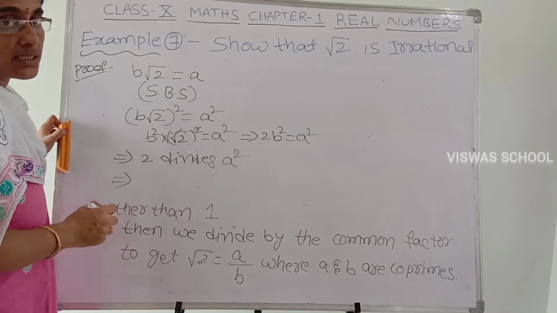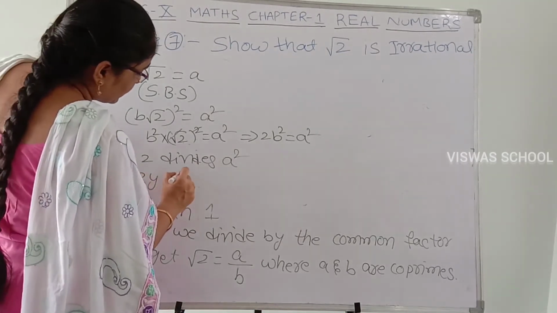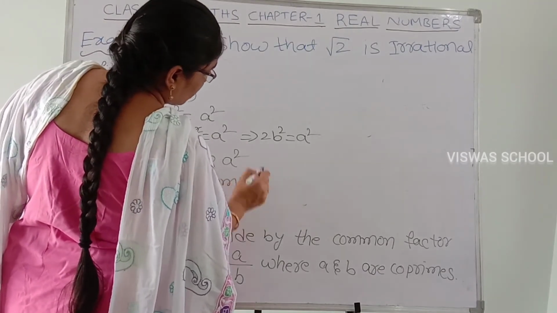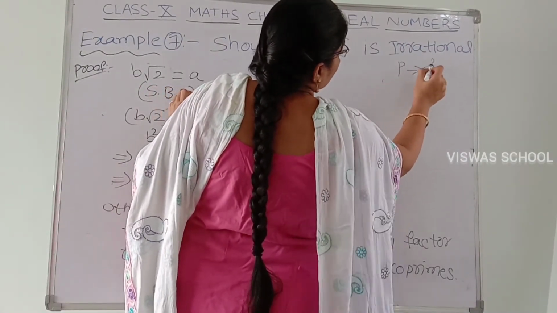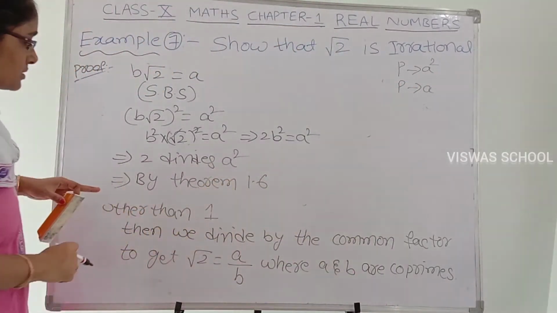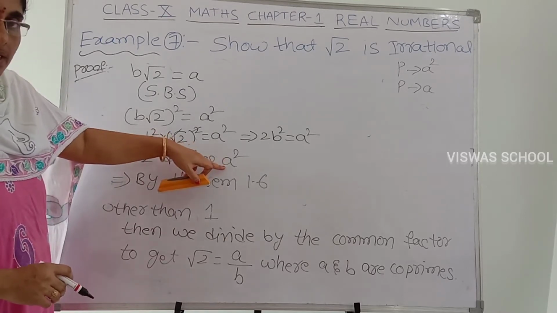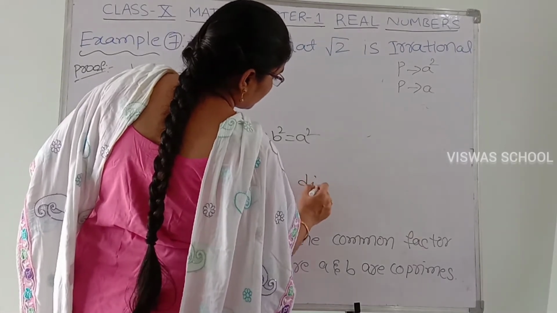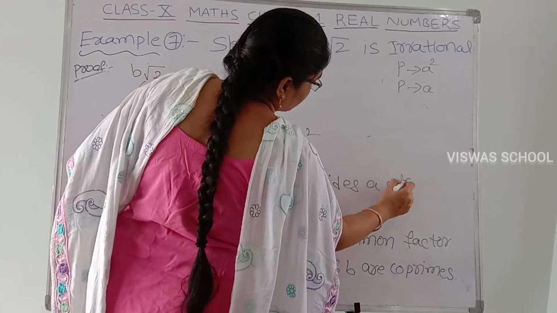If 2 divides A square, by theorem 1.6, which we already proved before, if P divides A square, then P divides A also. In the same way, if 2 divides A square, then 2 divides A also.